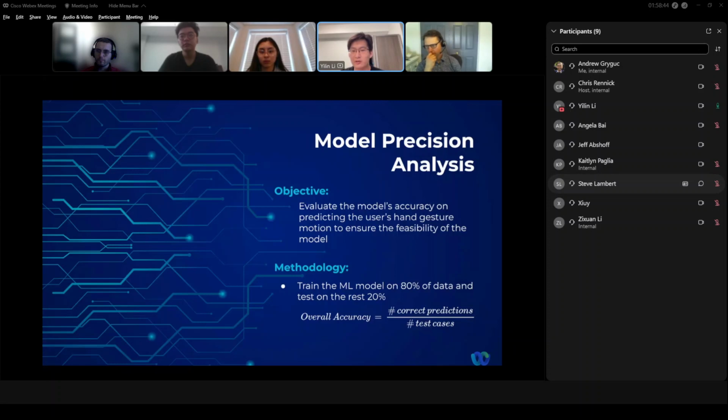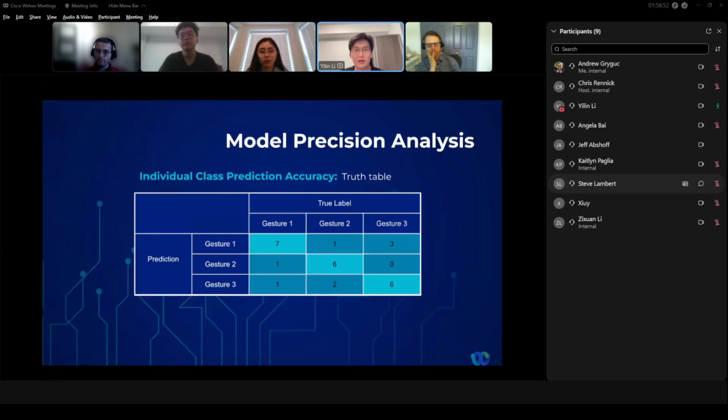The overall accuracy of the prediction is the number of correct predictions divided by the total number of test cases we have. For the individual class prediction accuracy, we construct the truth table to record the corresponding true labels of different gestures and the corresponding predictions made by the models.